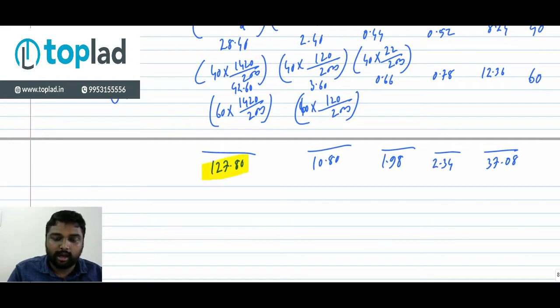So this is the product cost, that is the joint cost to be allocated.